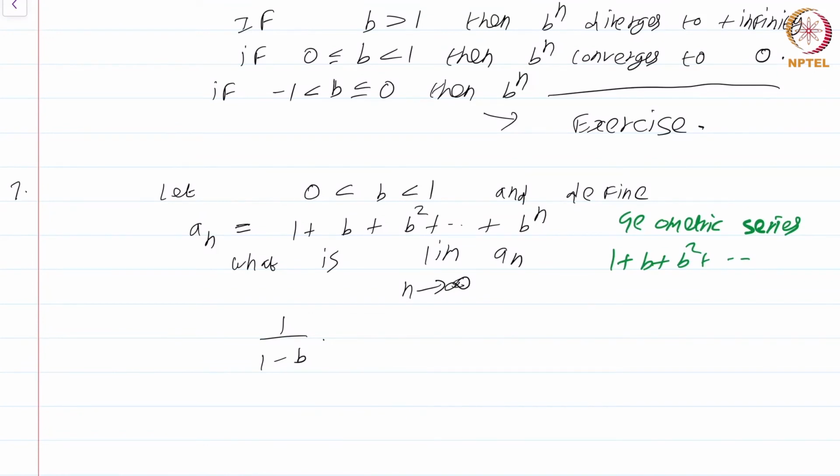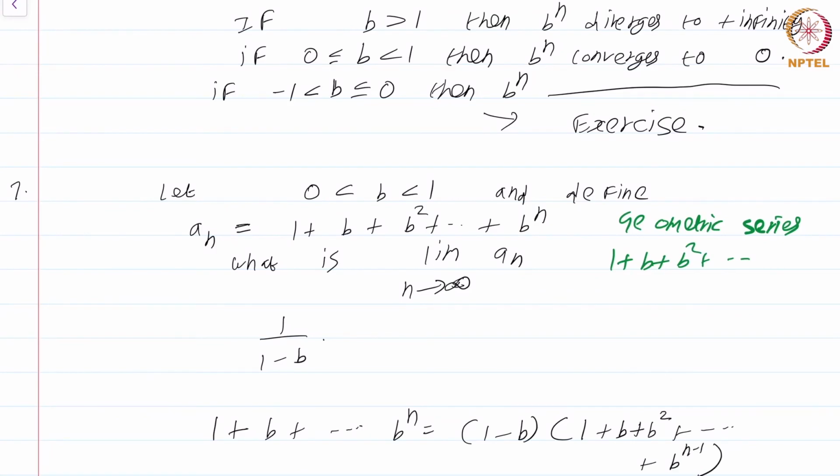How do you show that? Well, it's rather easy. You just have to use a bit of algebra. The bit of algebra is as follows. 1 plus b plus dot dot dot b power n. I can write this as 1 minus b into 1 plus b plus b squared plus dot dot dot b power n minus 1.